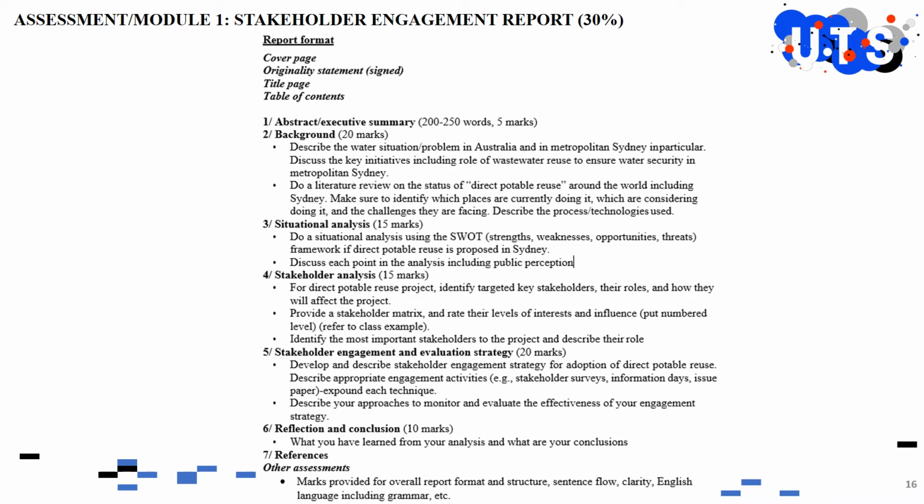Also, you can do a literature review on the status of direct potable use around the world, including Sydney, making sure to identify which places are currently doing it, which are considering doing it, and the challenges they are facing, and describe the process technology used.